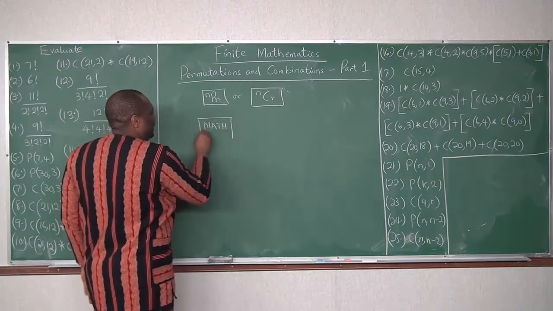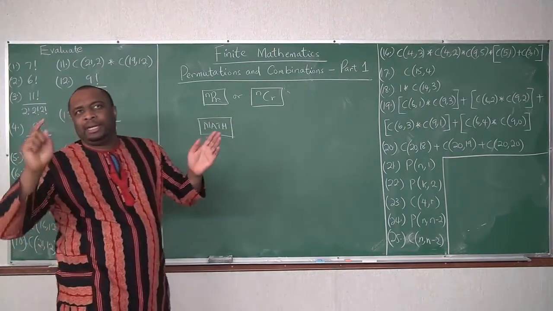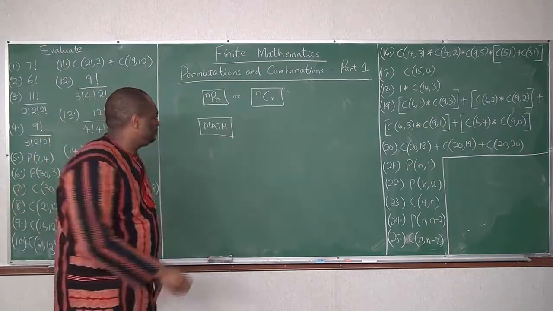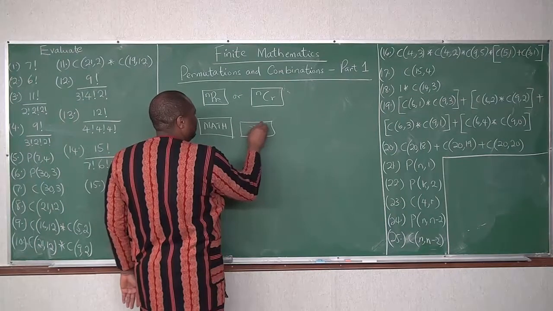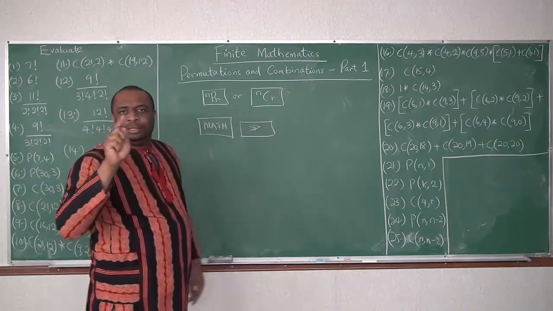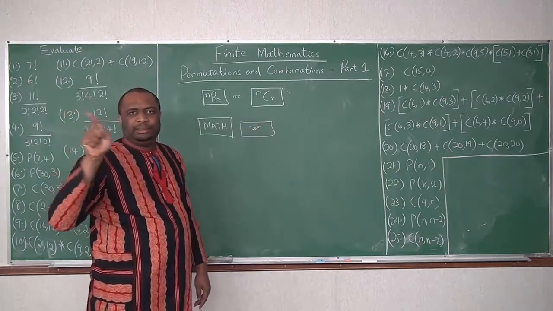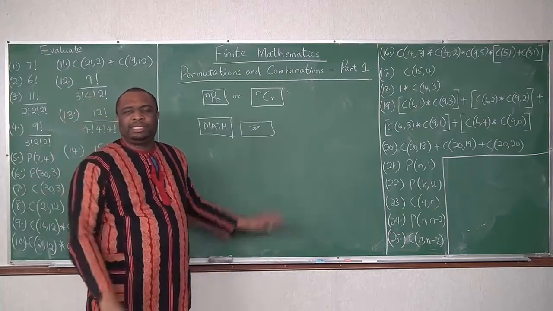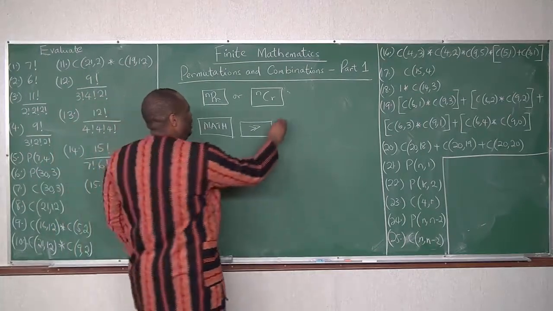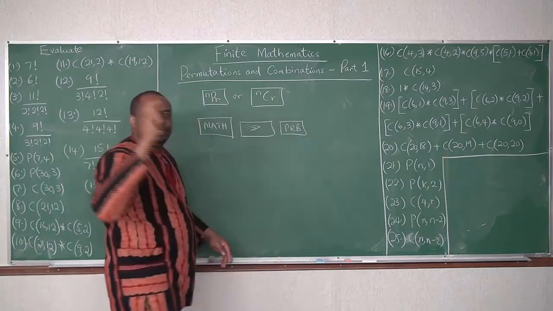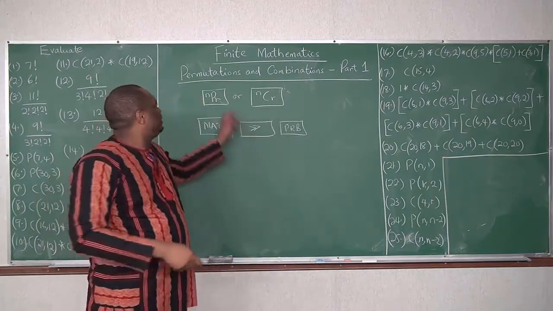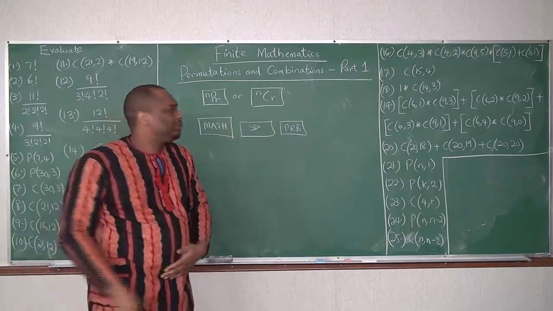You press the math function, and then you keep going until you see PROB, probability. When you see probability, you keep going down until you see factorials.